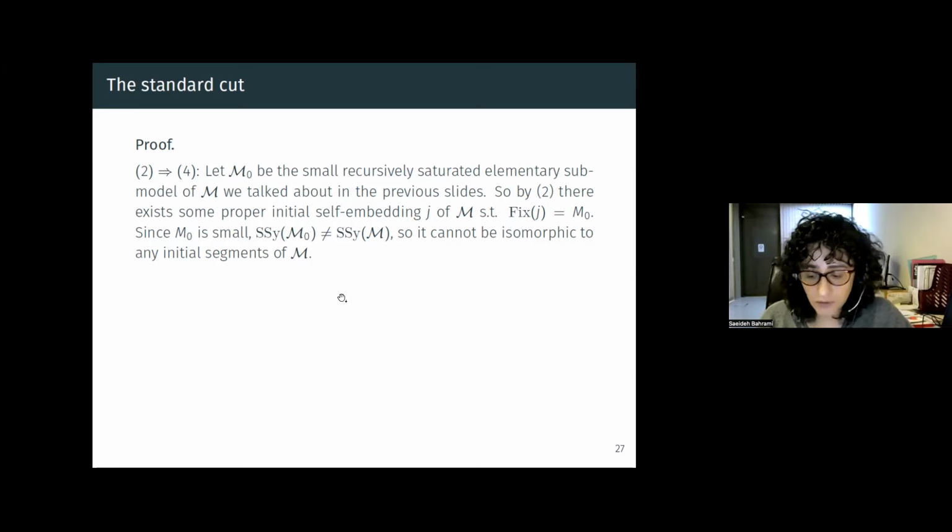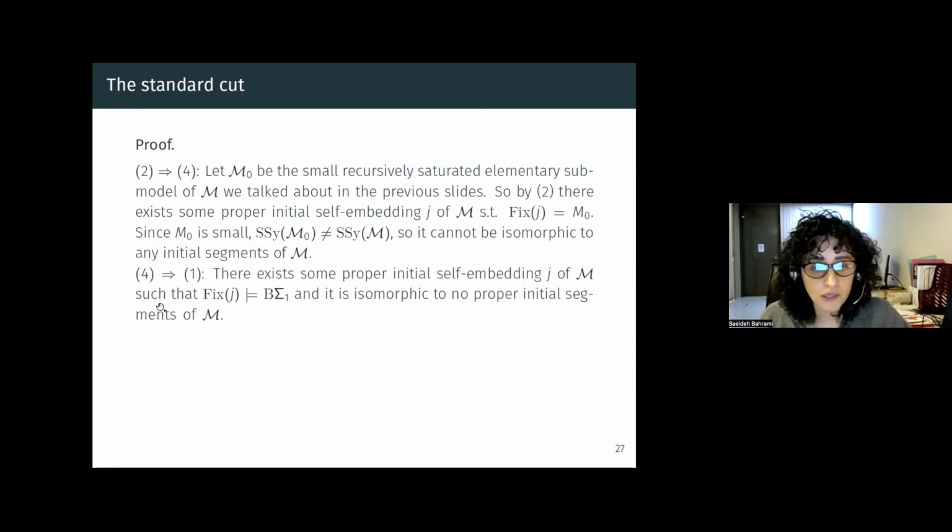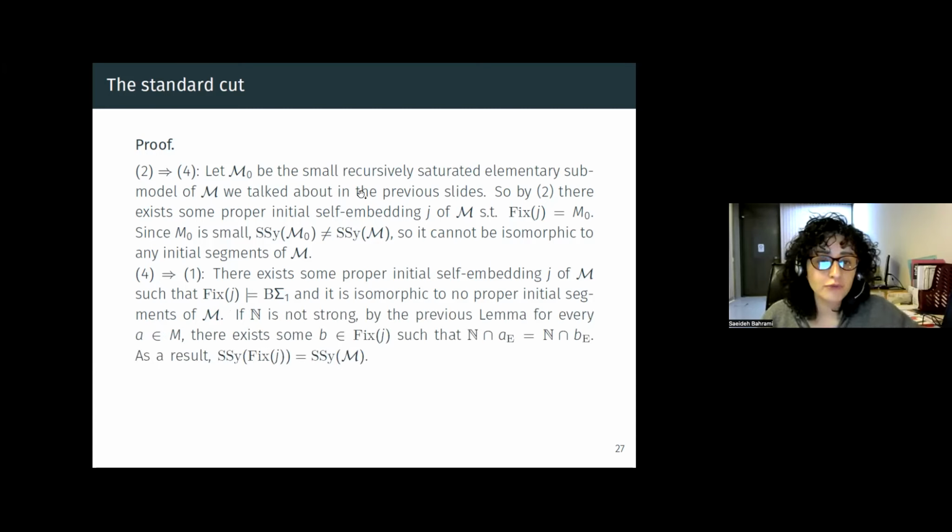And for the proof of 4 to 1, statement 4 says that there exists some proper initial self-embedding J of M such that Fix of J is a model of BΣ1, and it is not isomorphic to any proper initial segment of M. We want to prove that N is strong. Suppose N is not strong. By the previous lemma, for every A, we can find some B in Fix of J such that they have the same Sigma 1 theories.